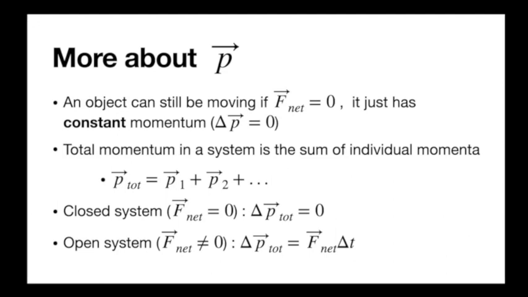So delta p total for a system is 0, whereas if you apply a net force to any part of a system over an amount of time, you'll get a change in momentum for the whole system.